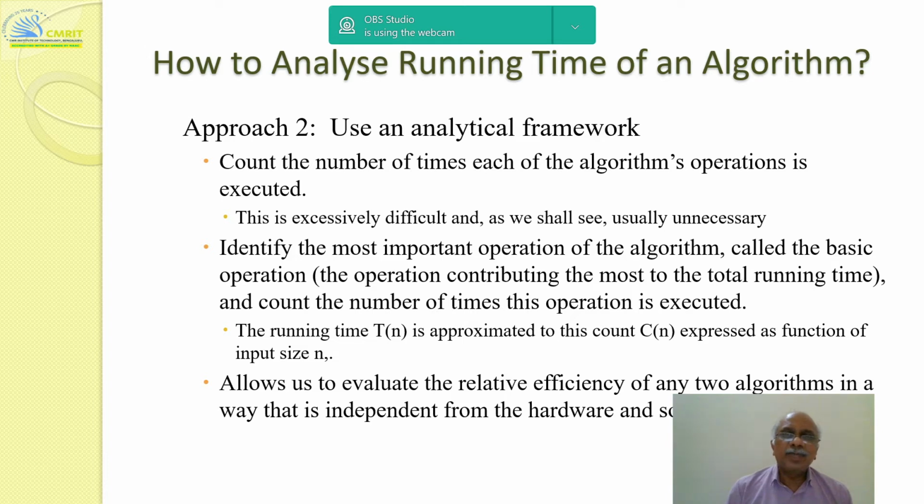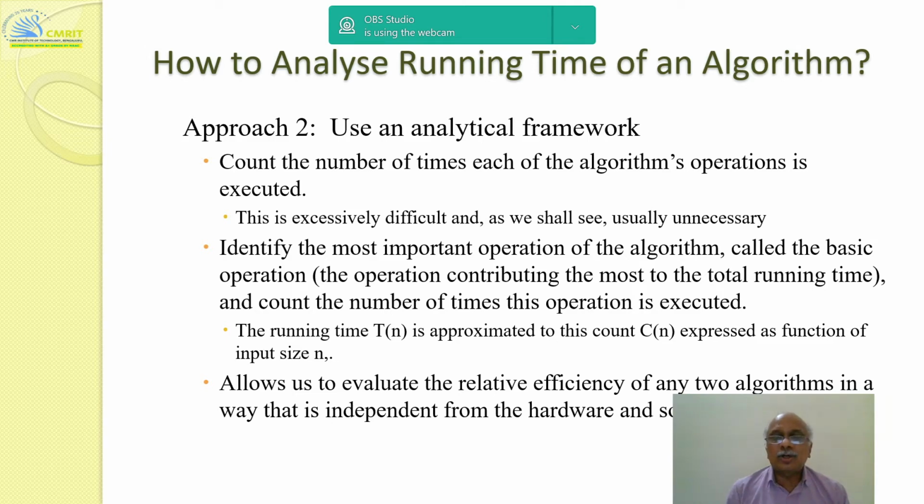So what we do is we identify the most critical operation in the algorithm, and count the number of times that critical operation, or the basic operation, is performed. For example, in the case of a sorting algorithm, which involves two for loops, the critical part of the algorithm is the operations performed inside the inner loop, because that's the set of operations that will be executed most.